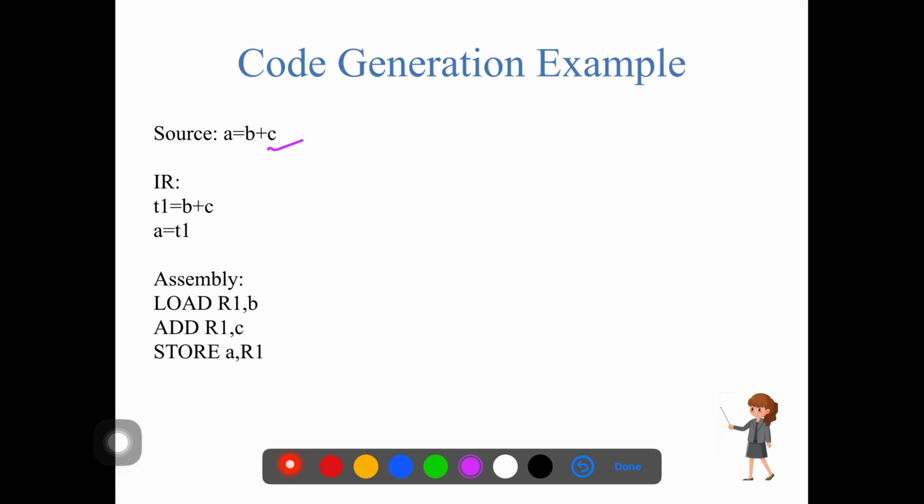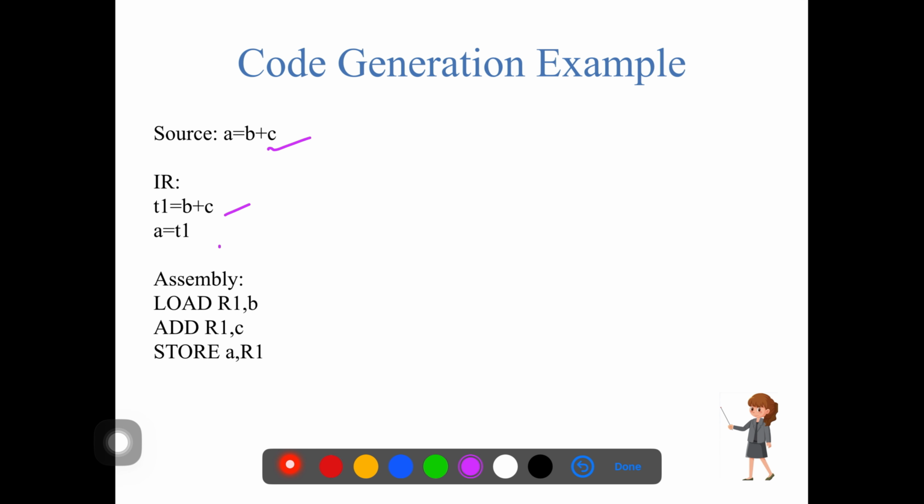A equals B plus C. Intermediate representation: T1 equals B plus C, A equals T1. Assembly code is like load R1 comma B, which loads the value of B into the register R1.